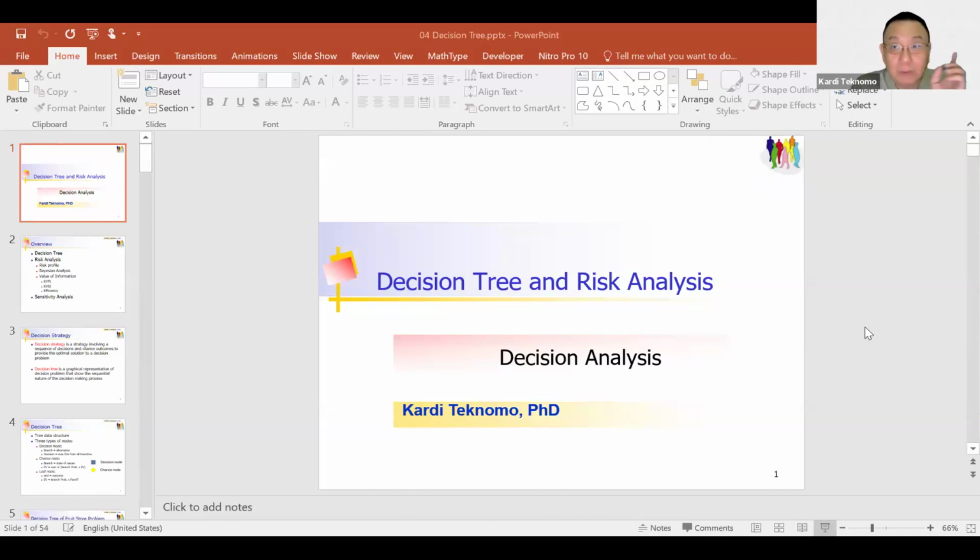So we extend our understanding about risk analysis from last time. Last time was only one table. Now you have a sequence of decisions, so you can use another tool called a decision tree.